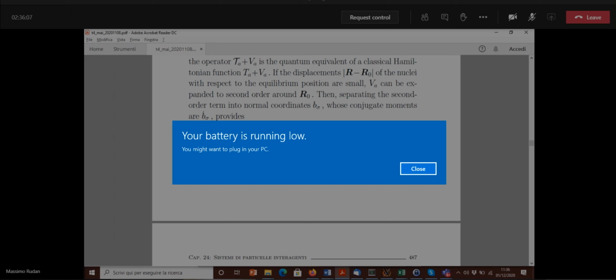This sum goes over the degrees of freedom of the system. So if we have a total of capital N atoms, we have 3N degrees of freedom, and the index goes over all of them.